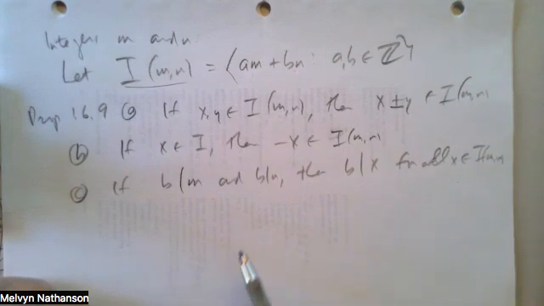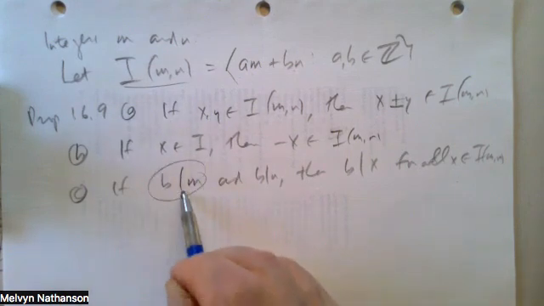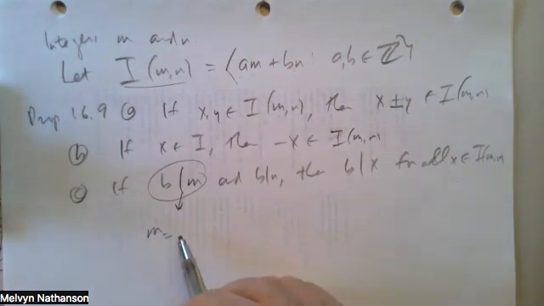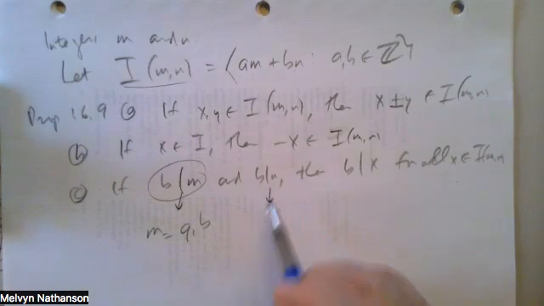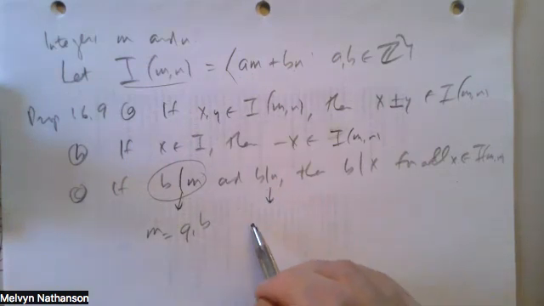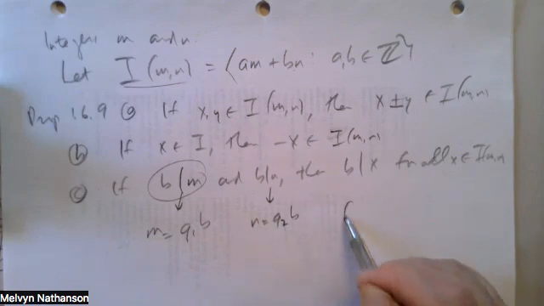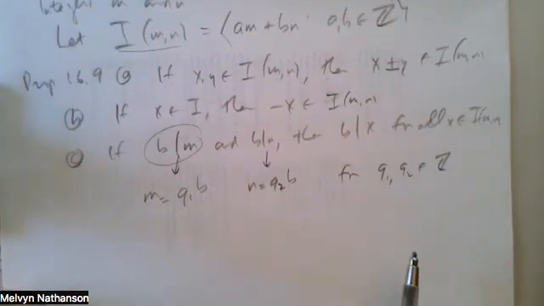And again, the reason for that is pretty easy to see. What does it mean to say b divides m? That means m is q1 times b for some q1. And if b divides n, n is q2 times b for some integers q1 and q2.